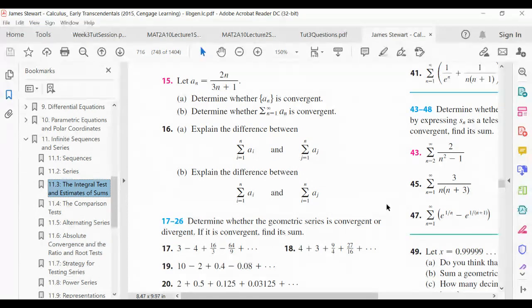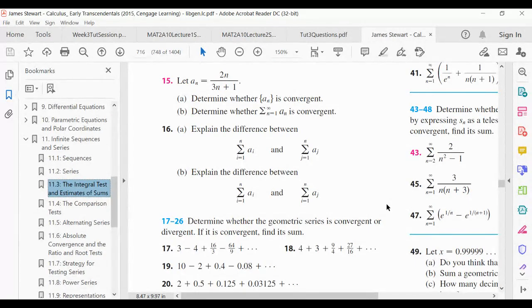So in the first expression, in the first sum, the index is given the letter i. In the second one, the index is given the letter j. So if you think about it, it really refers to the same thing.